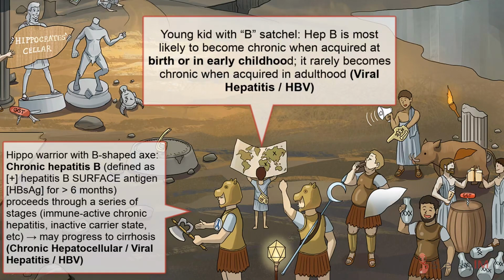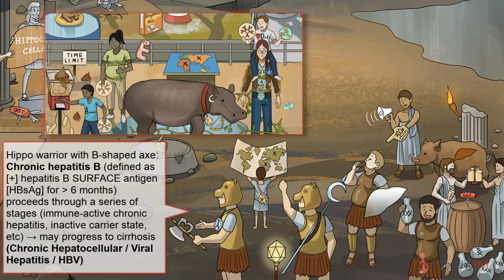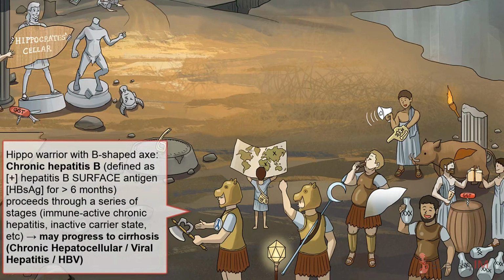So, how does Hep B present? In the acute phase, some patients develop symptomatic acute hepatitis. Others have few to no symptoms and may be unaware that they've acquired the virus. Chronic infection gets a bit more complicated. Here, there are several phases, which are defined by lab criteria. However, not all patients go through every phase.